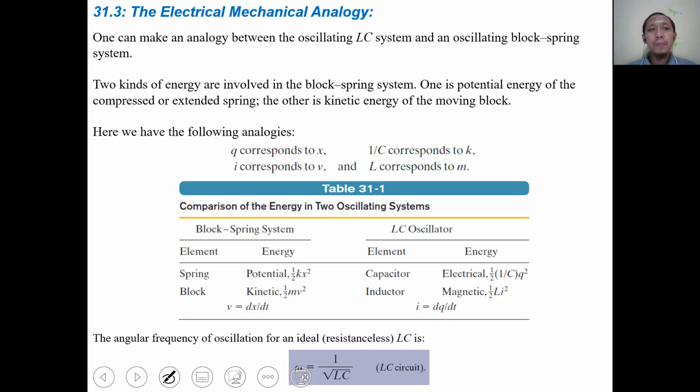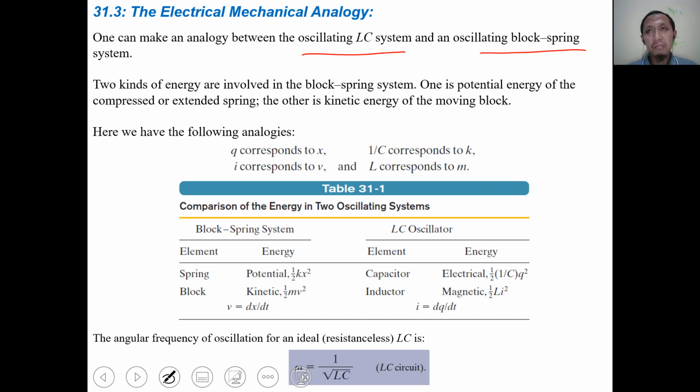And then we can make an analogy between the oscillating LC system and the block spring system like this one. Maybe you will learn about mechanical physics next semester, but in this chapter the author of the book makes an analogy between the LC system and a block spring, because in the book they discuss the mechanical first, and after finishing mechanical physics, they start discussing electrical physics.